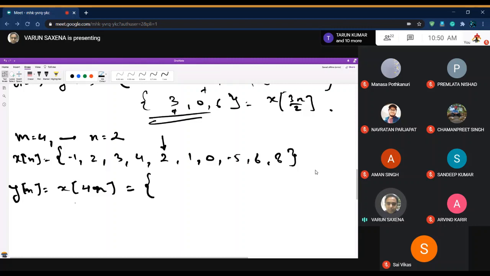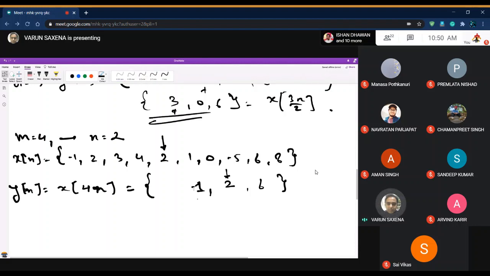So if I do x[4n], which is decimating it by a factor of 4, there will be a 2 in the sample, and the next value will be the fourth sample, which is 1, 2, 3, 4. So you will get a 6, and then you will not get anything. On this side you will get -1, -2, -3 and -4. So M is 3. This is the sequence that you will get.